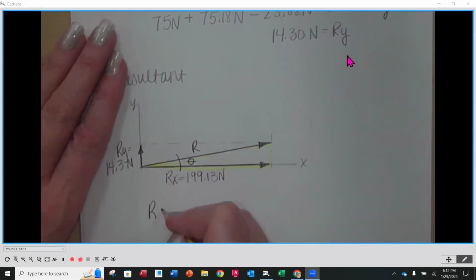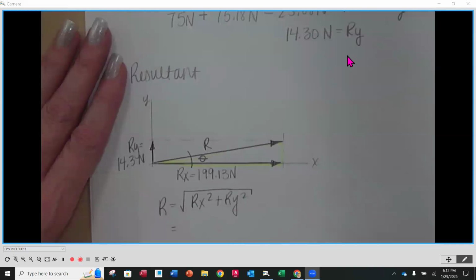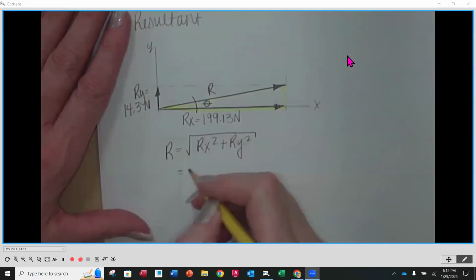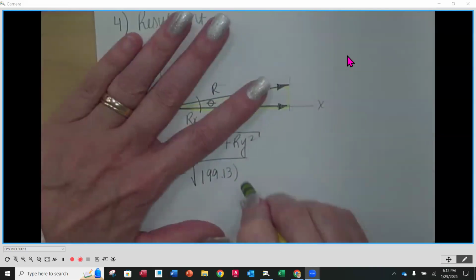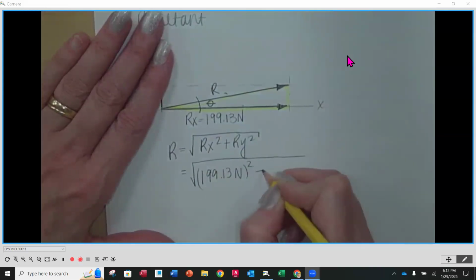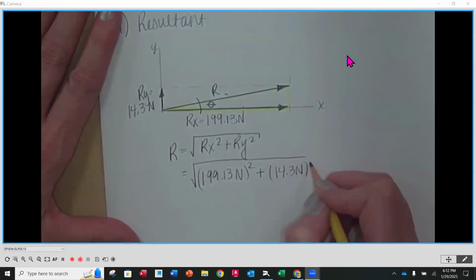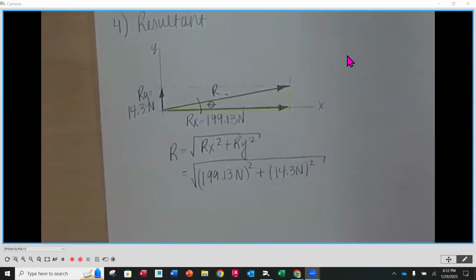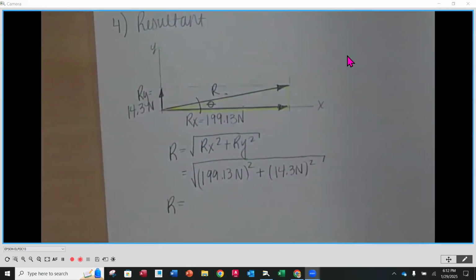So in this case, R is equal to the square root of x squared plus y squared. And then you're going to put your numbers in place. So our x under the radical, 199.13 newtons, and we're going to square that entire quantity, plus 14.3 newtons. Put your units in all phases of the problem. We're going to add those two together, and we're going to take the square root. What do we get for the magnitude of our resultant?